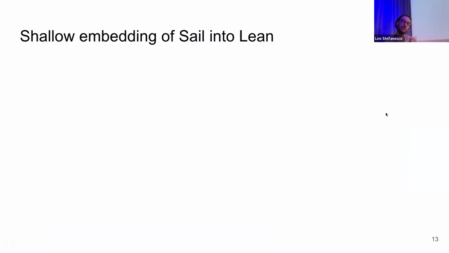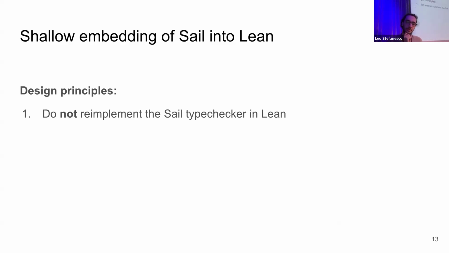Basically what we are doing is a shallow embedding of Sail into Lean, which means that we generate Lean functions and not an AST inside of Lean. Our principle, roughly, is that we don't want to re-implement the Sail type checker because it's very complex and it uses Z3, which is an untrusted piece of software.